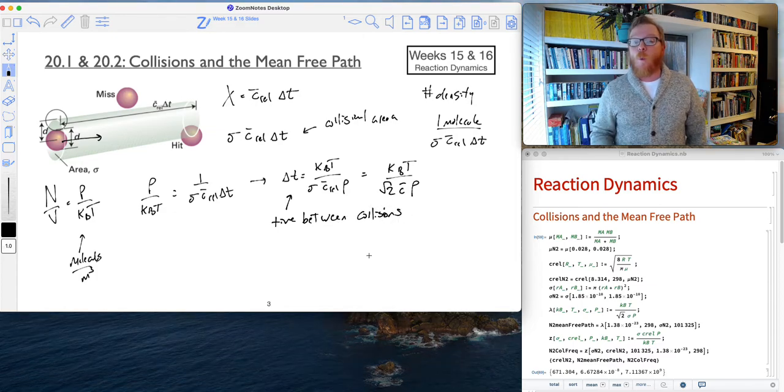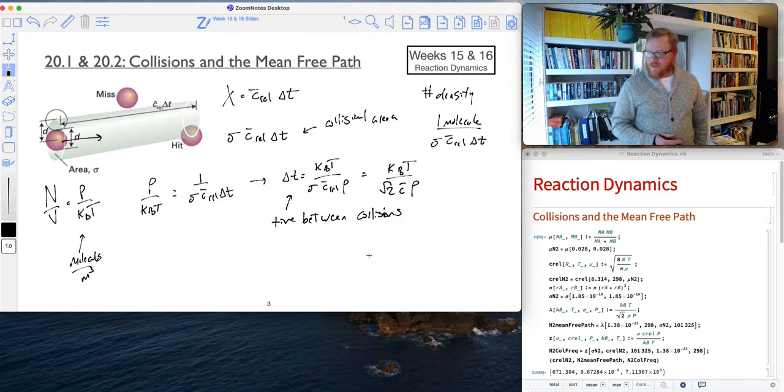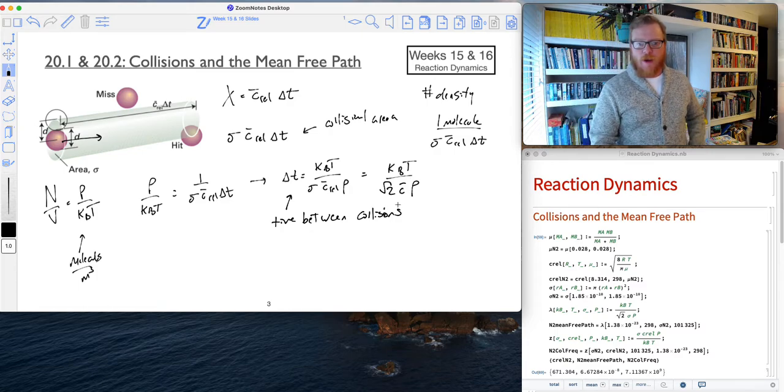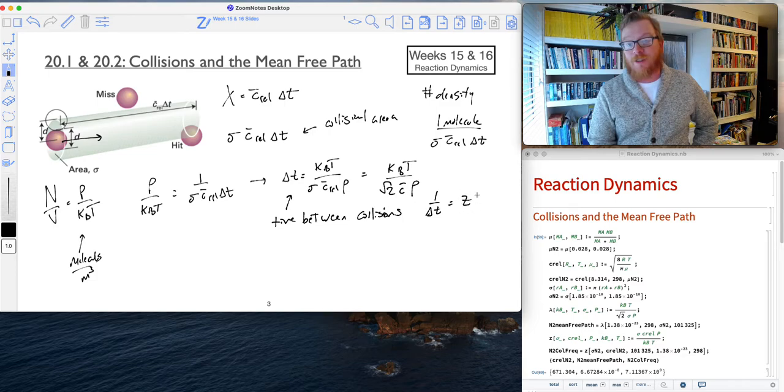then if I take 1 over that number, that's going to give me the frequency of collisions, okay? So 1 over delta t is going to equal what I'm going to call Z, and that's going to be my collisional frequency, okay?